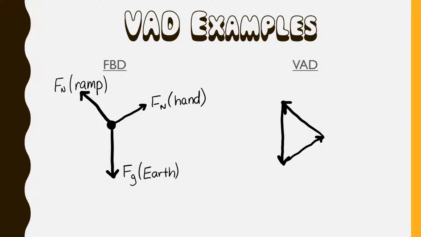Now you can see that again, I ended where I began. I have this nice closed shape where I don't have any tips or ends of vectors that don't match up with another tip or end. And so that's a good way of showing that my free body diagram was indeed balanced.